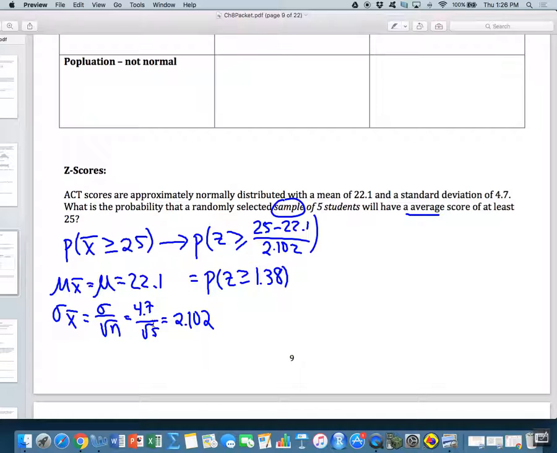Okay, don't write this, but this is what you're going to put in the calculator. You're going to do normal CDF 1.38, comma, positive infinity, so 1 times 10 to the 99th, comma 0, comma 1. And we're looking for an upper probability.